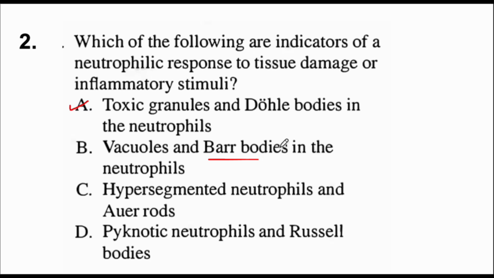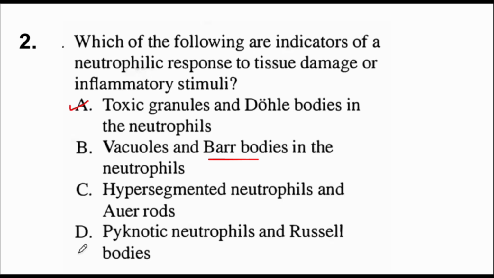So this is a normal finding, not an inflammatory indicator. And C: hypersegmented neutrophils are characteristic of megaloblastic anemia, B12 or folate deficiency. And Auer rods are abnormal, fused primary granules found in myeloblasts and are diagnostic for acute myeloid leukemia.